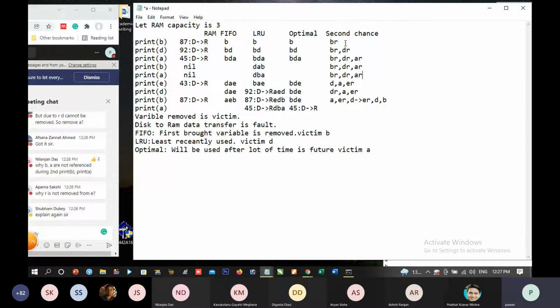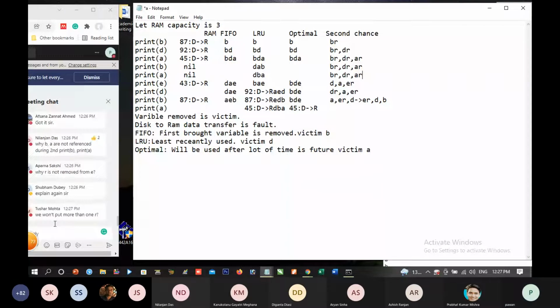D was referenced, so we wrote DR. A was referenced, so we wrote AR. Now B was referenced, BR was already there, so we let it remain as it is. A was referenced, so AR. Now E has come.